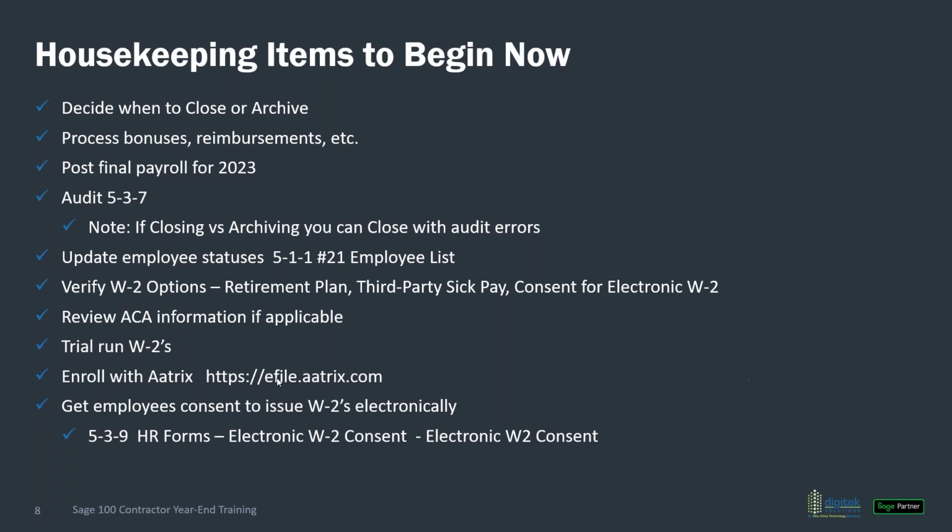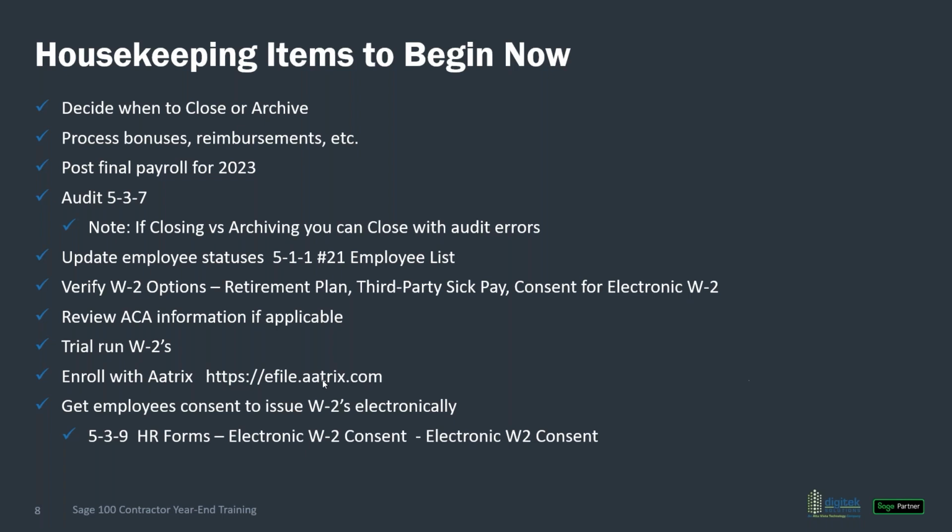If you're not enrolled with Atrux, I suggest you get enrolled with them, and you can go to efile.atrux.com to make that enrollment. Atrux is the add-on part in Sage that runs your 941 filings, your 940s, your state unemployment filings, your W-2s, your 1099s, and they do it for a really reasonable price.